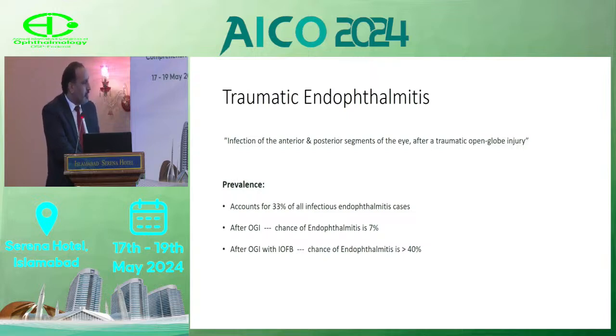And 33% of all the infectious endophthalmitis are basically traumatic endophthalmitis. And after open globe injury with intraocular foreign body, the chance of endophthalmitis goes up to more than 40%.